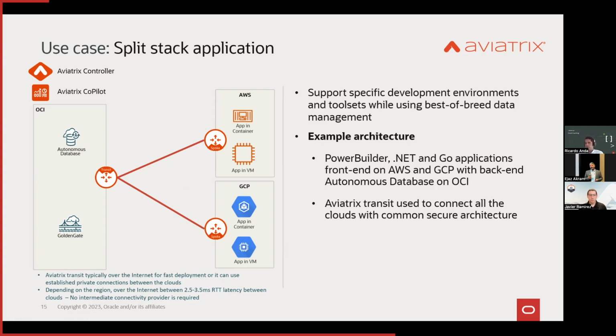But of course, it can also use the private pre-established connections that the customer may have for added performance, if needed. As you can see in this scenario, the transit gateway is configured in OCI, and the spoke gateway is configured in each of the clouds.